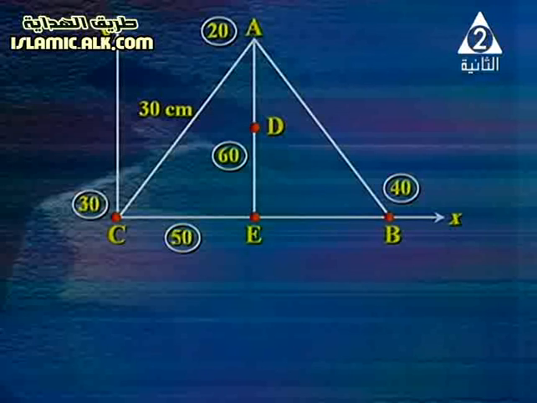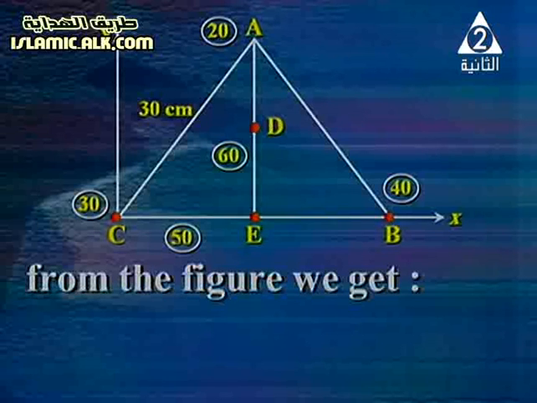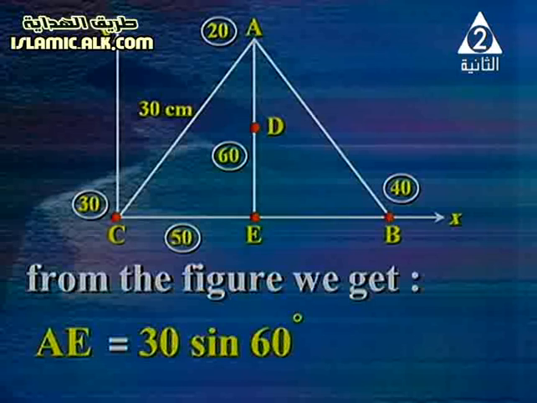We have Cx, Cy representing the x-axis, y-axis. We have masses 20, 40, 30, and 60 acting at A, B, C, and D. From the figure we get AE equals what?